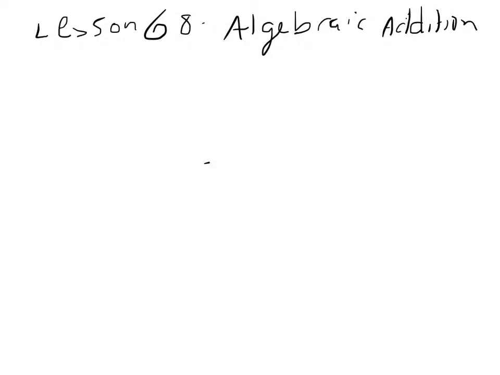Alright, 7th graders, lesson 68, Algebraic Addition. And we want to talk about a few things. If you recall, when we see those numbers there, we think of the absolute value, because the absolute value is how far away from 0 those two numbers are.